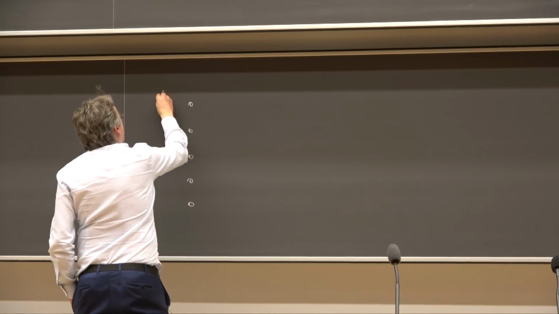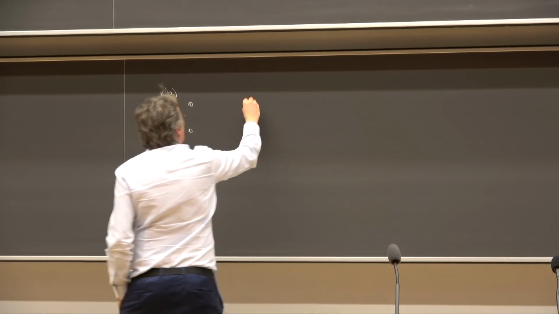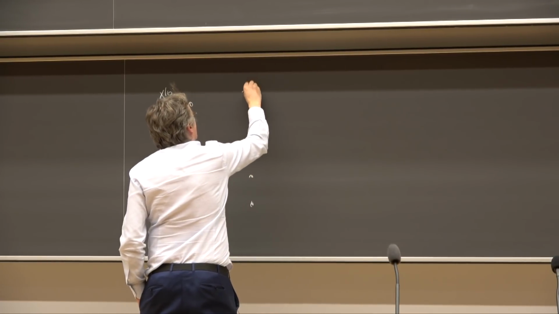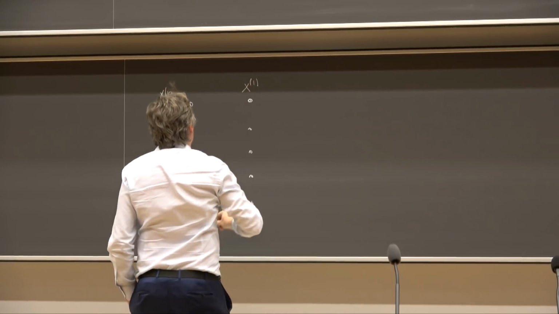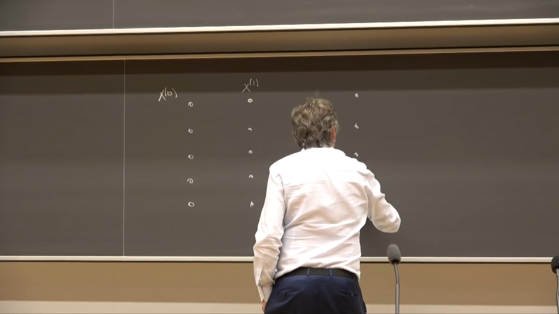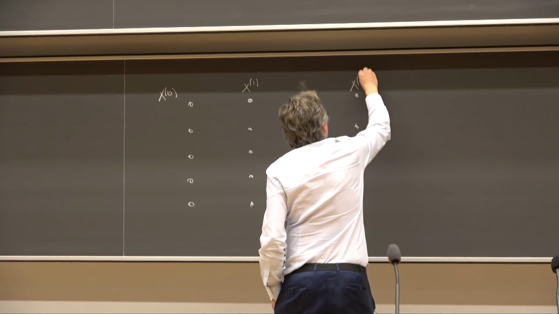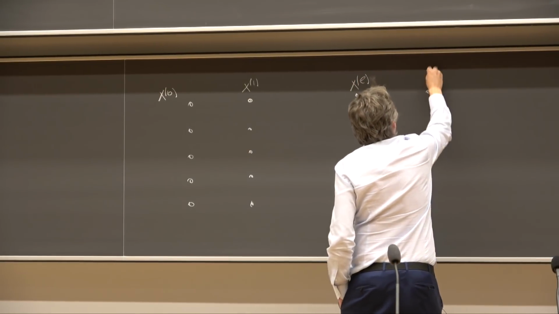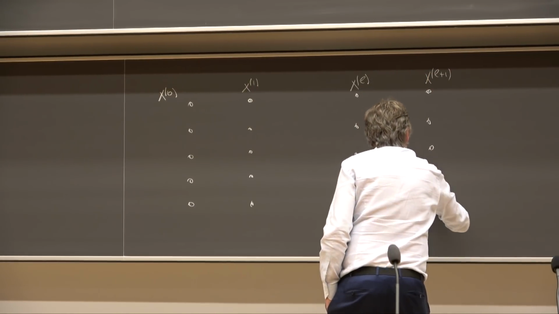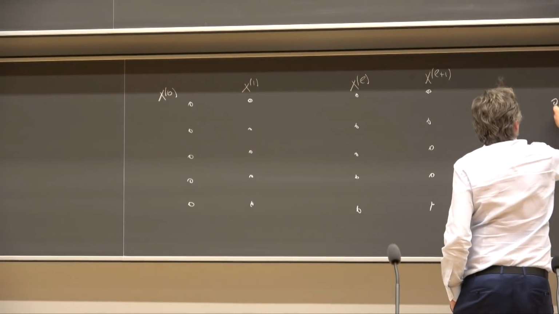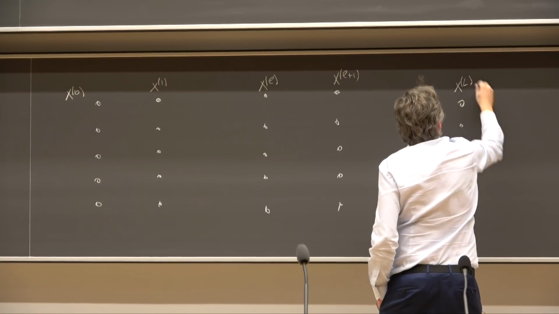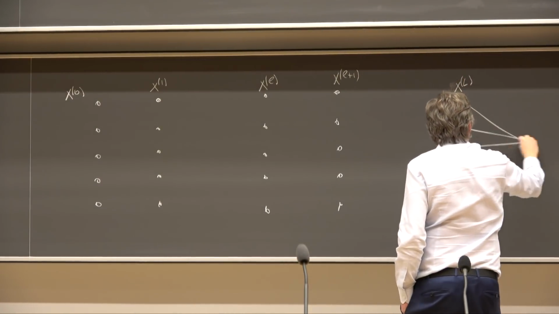So again, we have layer x0, we have x1 here, or layer 1, and then generically we have here xl, we have here xl plus 1, and then at the end we have here the layer x capital L until we go to the output.